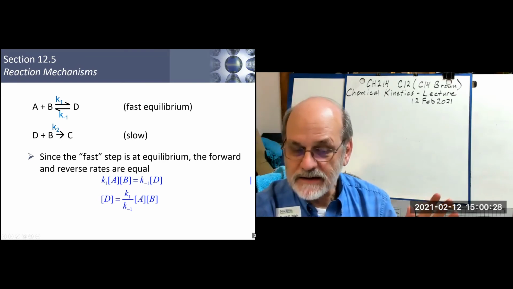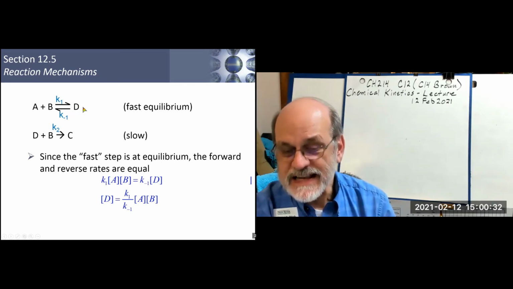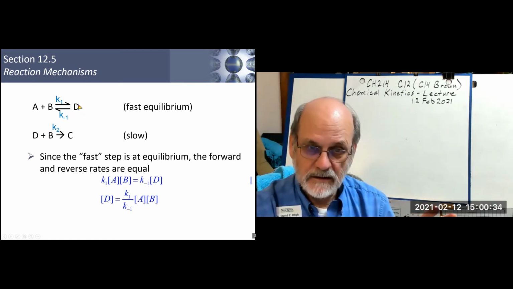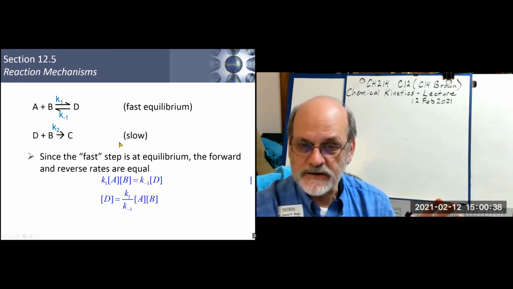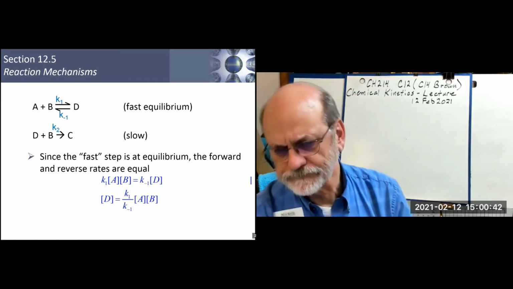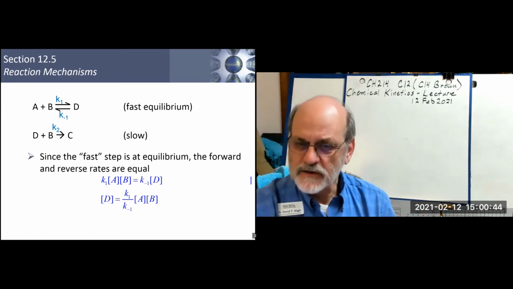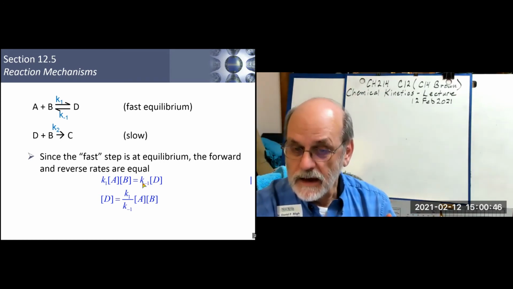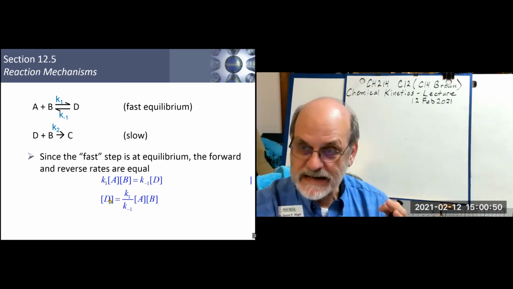But that rate is also equal to the reverse rate, which is D as a reactant to the first order, and its rate constant is K minus 1. All right, so rearrange that, and you can solve it for D.